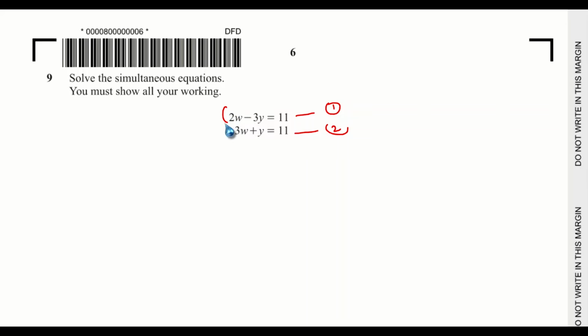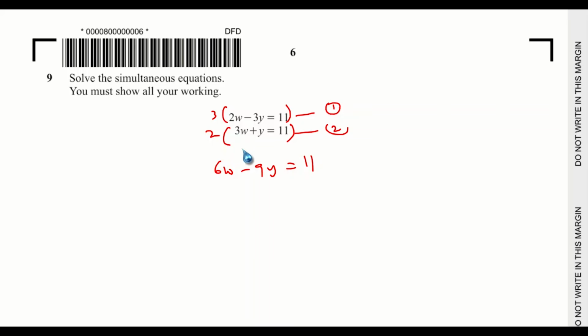So we multiply the whole of equation 1 by 3, then the whole of equation 2 by 2. This will give us 3 times 2w, that will be 6w minus 9y equals 11.